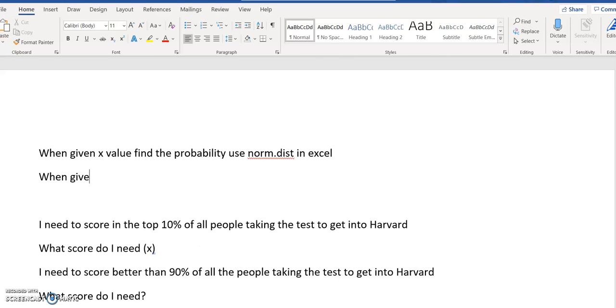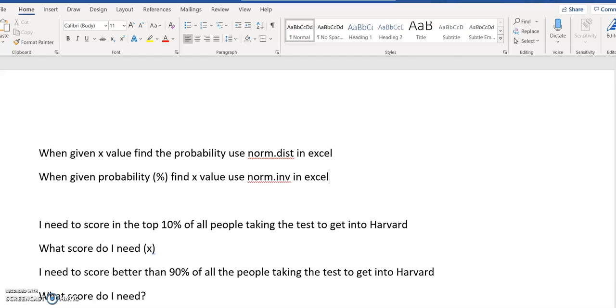When given probability, and this can be a percentage too, same thing, find x value, use norm.inv in Excel. The only trick is you have to manipulate.